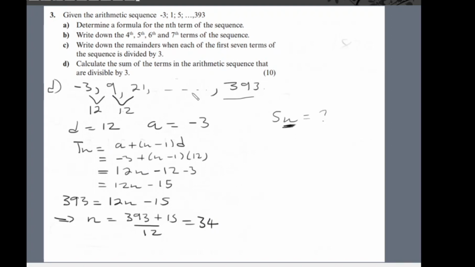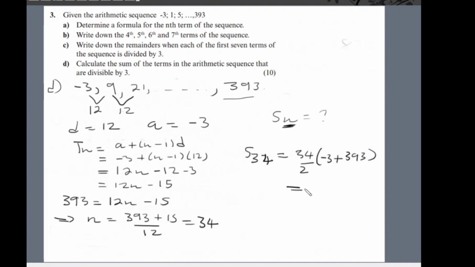So there are 34 terms that are divisible by 3 in our original sequence. So we need to sum those terms. S34 is equal to 34 over 2, the first term plus the last term, right?